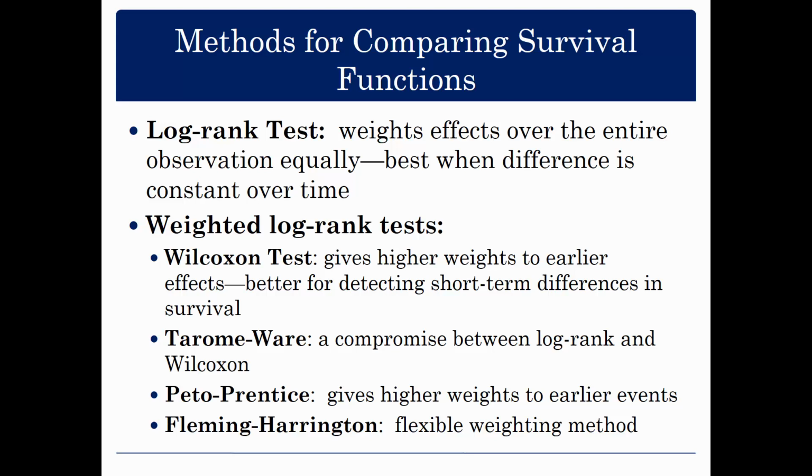There are other methods that account for diverging or converging survival functions. But I've given you here a couple of very similar methods to the log rank test, which by the way is a non-parametric method, that you can use if you know before you do the study.